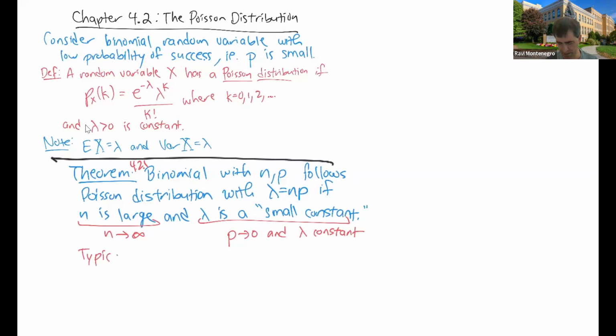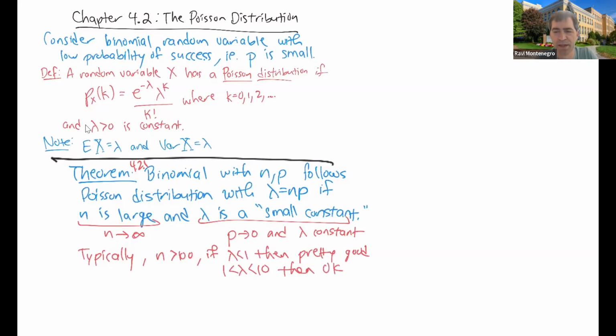So typically, n should be more than 100. And if lambda is less than 1, then it is more accurate. So pretty good. If lambda is between 1 to 10, and again, these are very vague statements, then it's going to be okay.